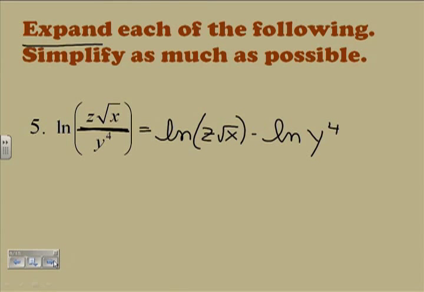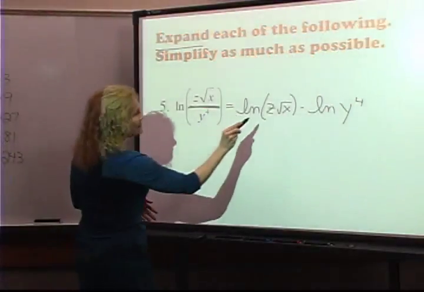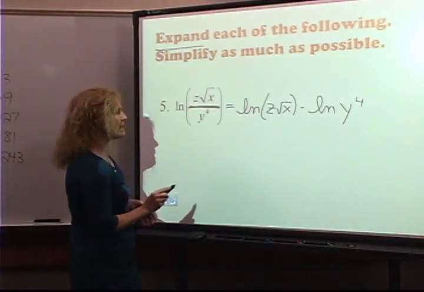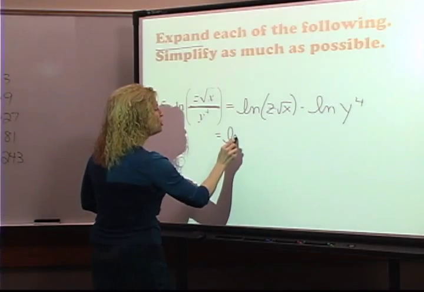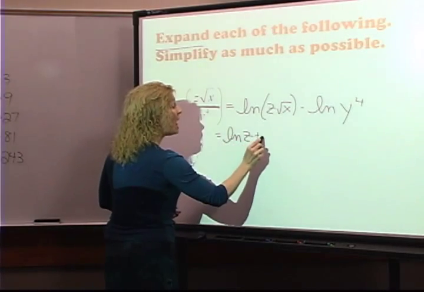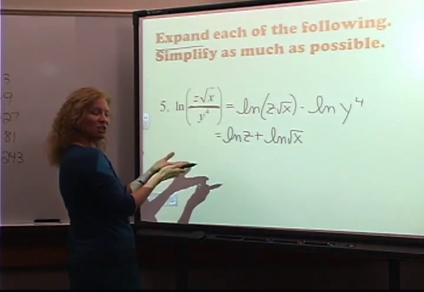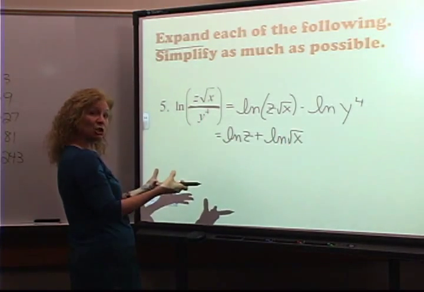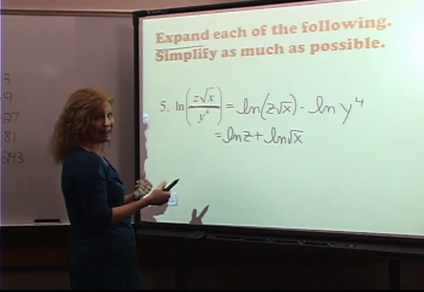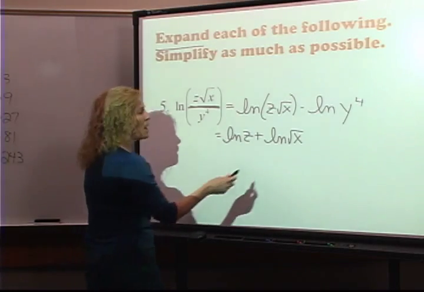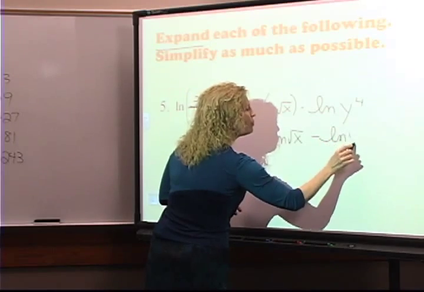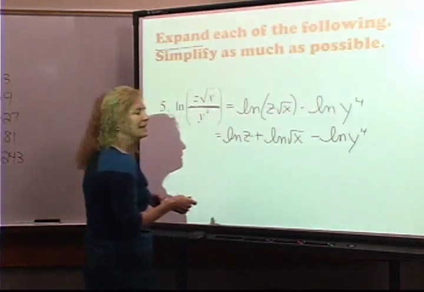Then, like so often in algebra, you have to look at it to see, well, am I done or should I continue? Well, I see that I have a multiplication in there, so this would be natural log of z plus natural log of the square root of x. Remember, multiplication gets split up into addition because we add exponents, minus natural log of y to the 4th.